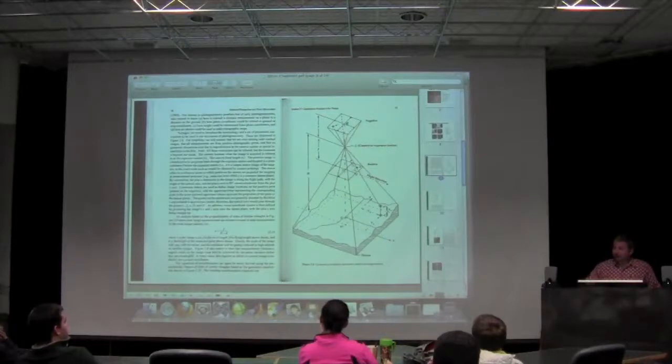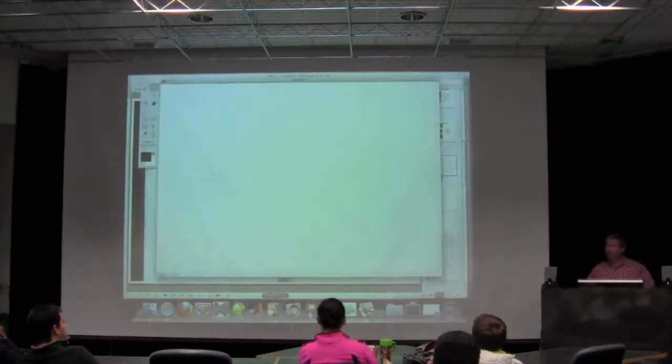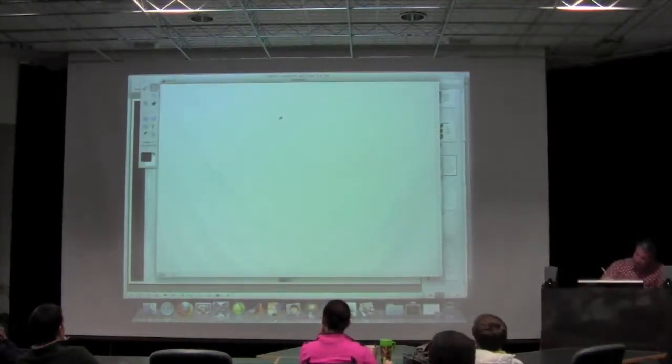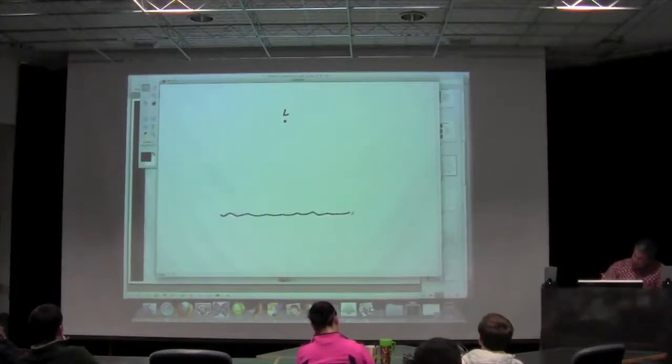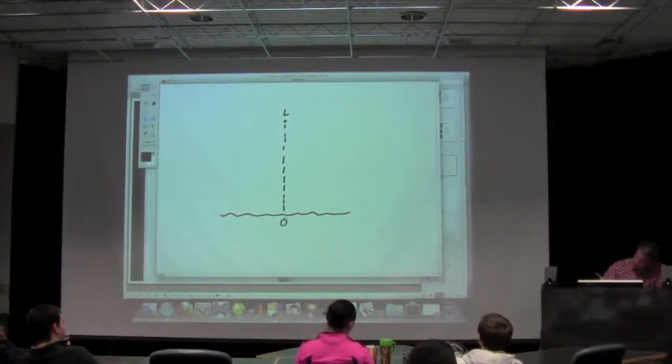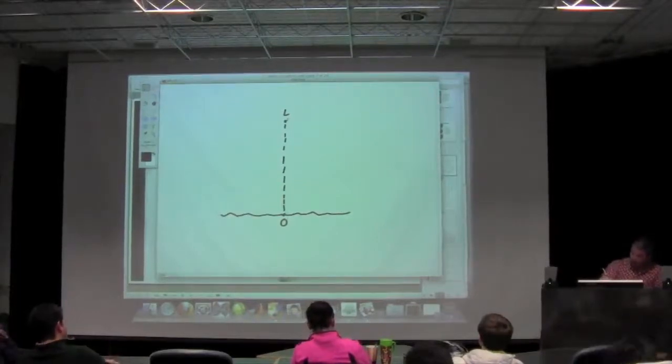And what it also does is set us up nicely to do photogrammetry in its simplest form with some similar triangles. So if we have our exposure station here, L, and we have our ground plane here, and I project down a line to the ground, and this is where that point hits the ground, capital O, our origin.